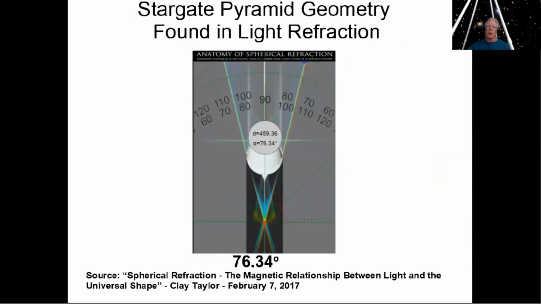So first of all, with respect to light and its refraction, this work was actually done by Clay Taylor, and the article that he wrote this in is called Spherical Refraction, the Magnetic Relationship Between Light and the Universal Shape.